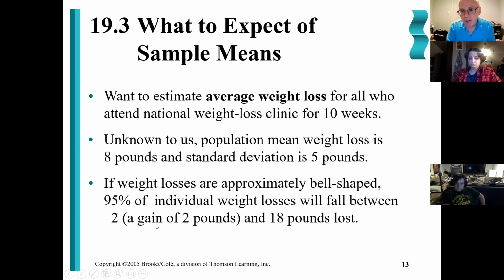I would be kind of angry if I took a weight loss program for 10 weeks and actually gained weight. But it says here it's possible, that some people could gain weight instead of lose weight. But there's a 95% chance that if you do gain weight, it's not going to be more than 2 pounds.